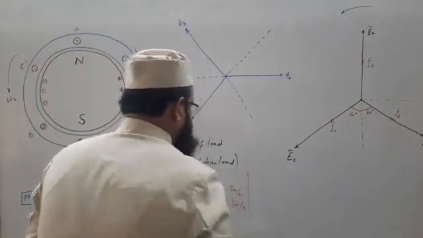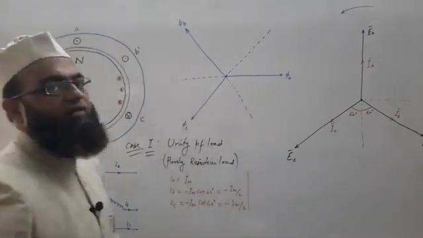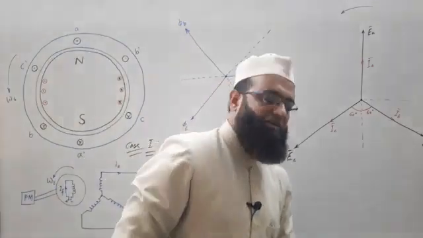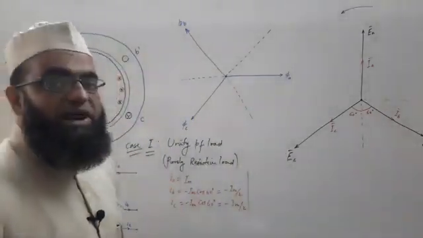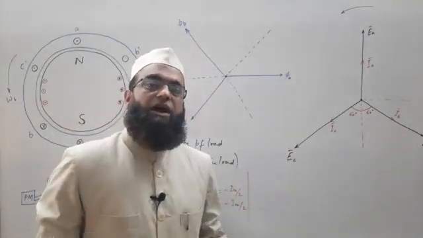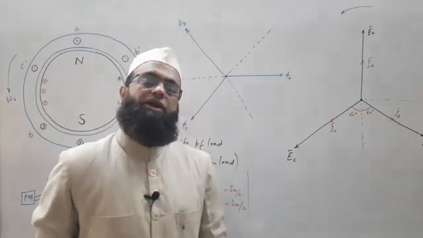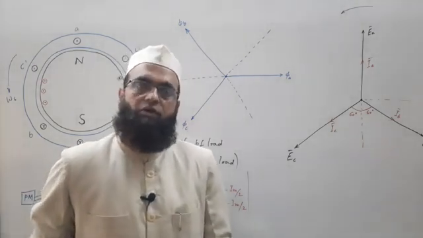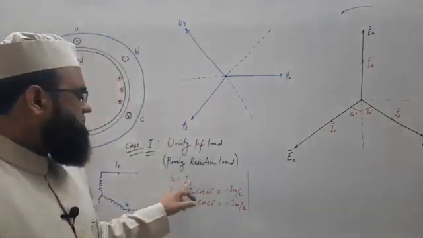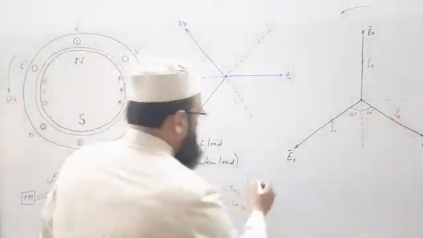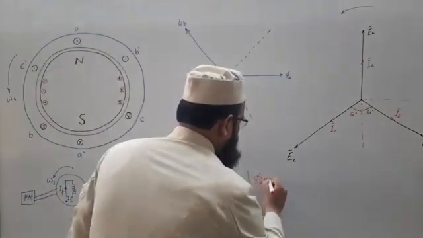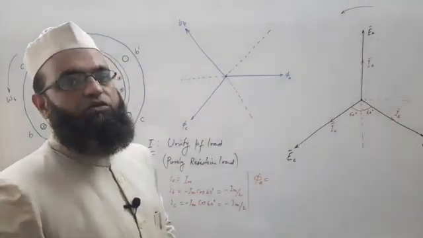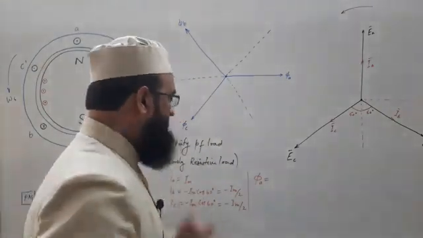What about fluxes? Once IA has the maximum value Im in phase A, the flux will have the maximum value phi m. Once current is 0, flux is 0. When current is half, 50%, flux will be half, 50% of the maximum value. So once current is maximum, we may directly write phi A, the armature flux of phase A, as maximum.